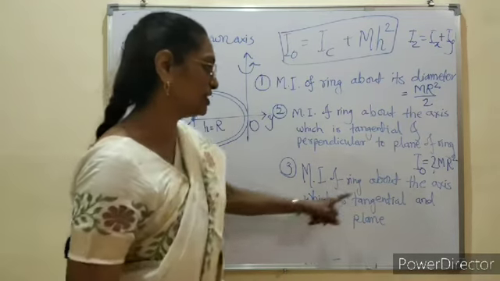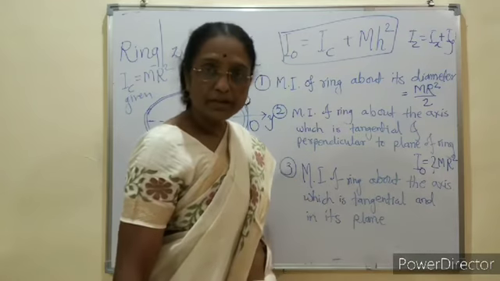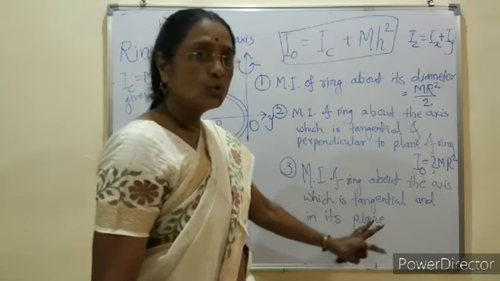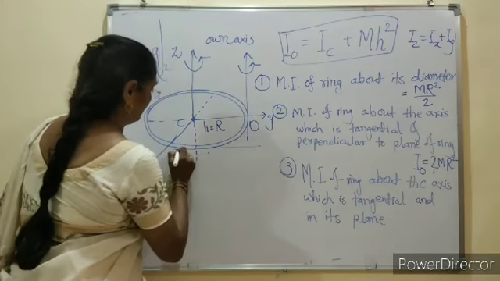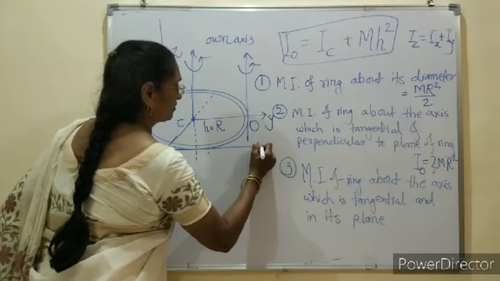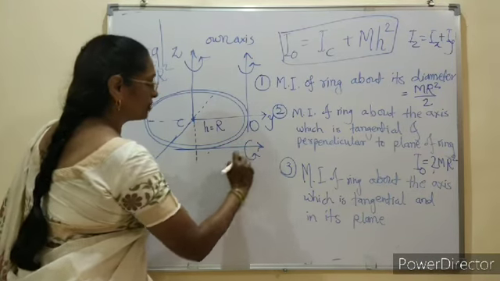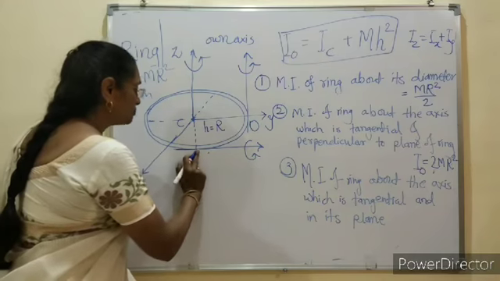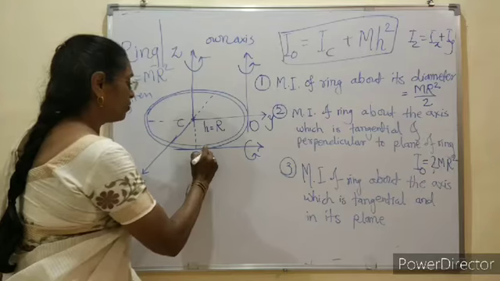The axis is tangential to the ring and in the plane of ring, it can be shown in the diagram like this. About this axis also the ring can rotate. This point is denoted by O dash.